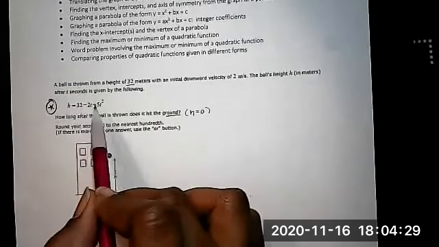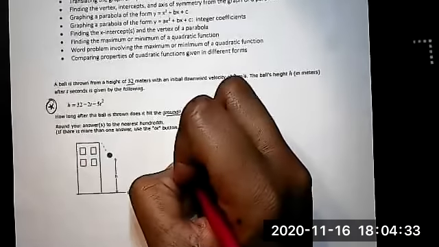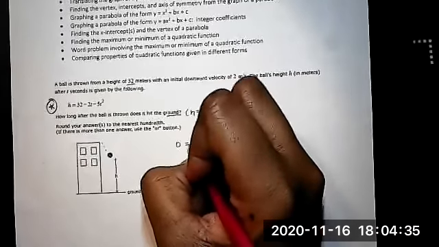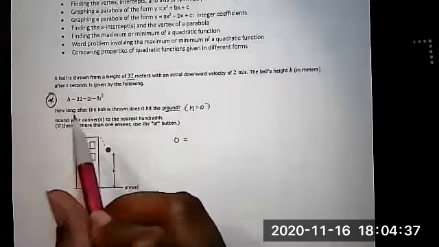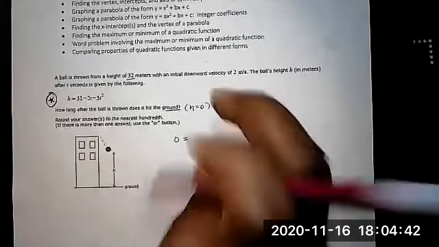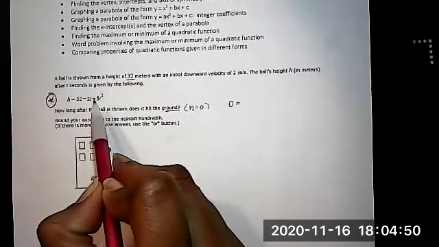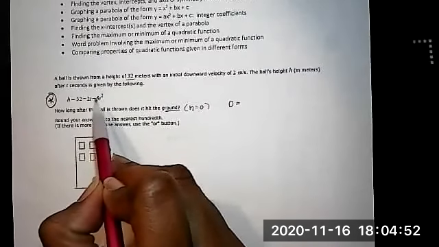Before we can do anything with that, we need to change this around, but our height is going to be equal to 0. So we're going to have 0 equals, and I need the t squared to be first. I'm going to move this entire term, because remember, if the sign is before it, it belongs to it.